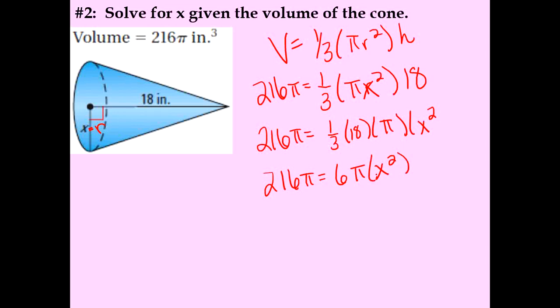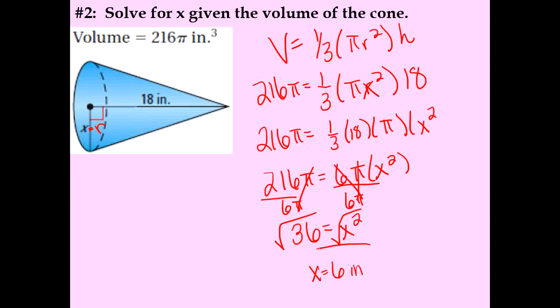To get the x squared alone, we divide by 6 pi on both sides. 216 divided by 6, and the pi's cancel, so 216 divided by 6 is 36, which equals x squared. Then you take the square root to undo the power of 2. The square root of 36 is 6, and we're in the unit of inches. So my answer for x is 6 inches, which is my radius.